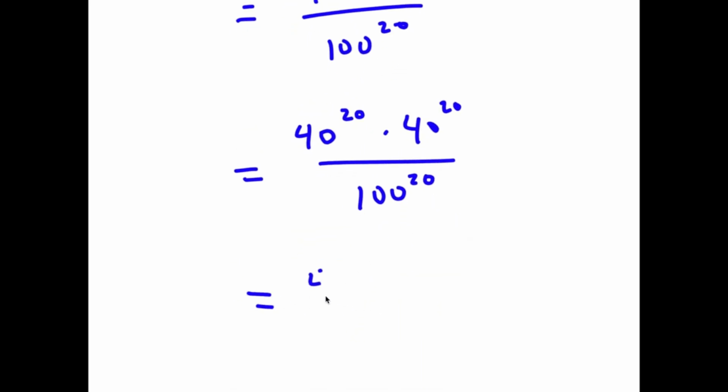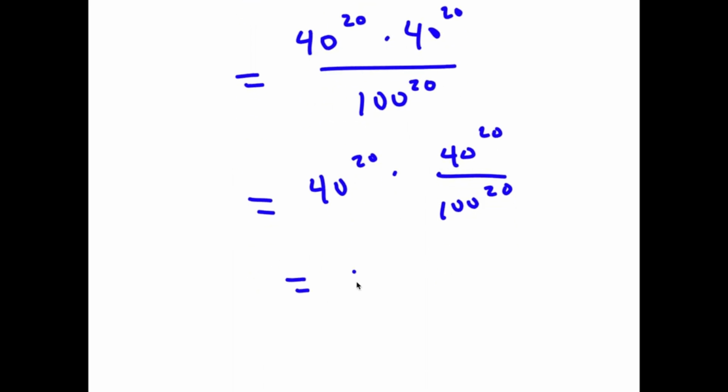which is the same thing as 40 to the power of 20 times 40 to the power of 20 over 100 to the power of 20, which is equal to 40 to the power of 20 times 2 over 5 to the power of 20.